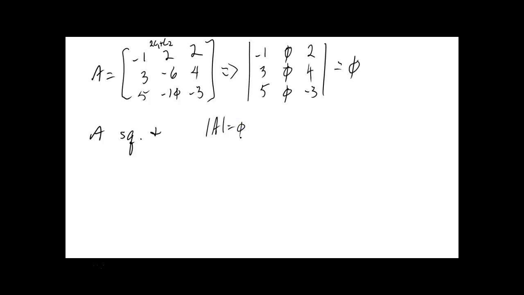Here's the middle part. An entire row or column consists of zeros. That's what we wound up with in that one.